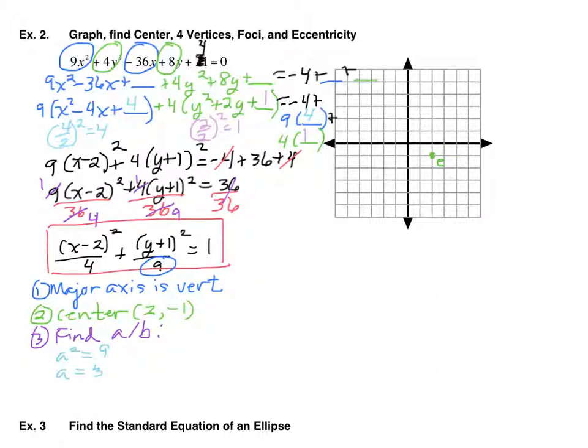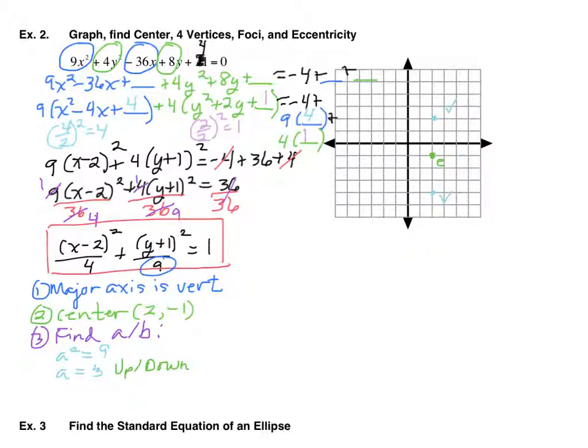3. Does that mean I'm going to go right, left, or up, down? Up, down, because my major axis is vertical. So I'm going to plot 3 above, label that as V for vertex, and 3 below the center, and label that as V for vertex.